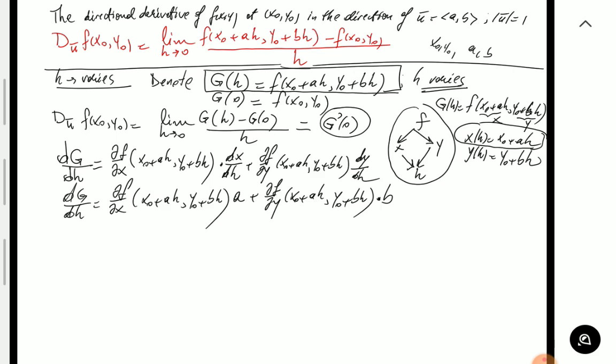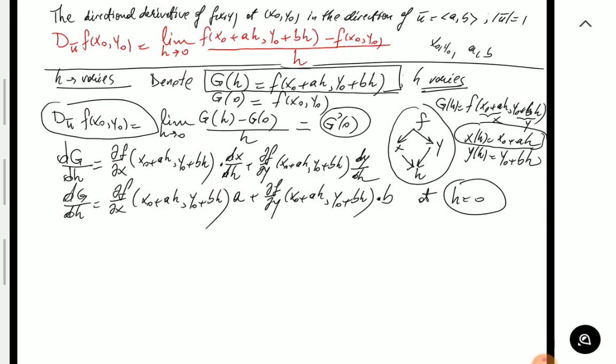But remember, what we want is g prime of 0, right? So you want this whole shenanigan at h equals 0. That is in fact the directional derivative that I want to compute. What do I get then? If I replace h with 0, there's just one last step.